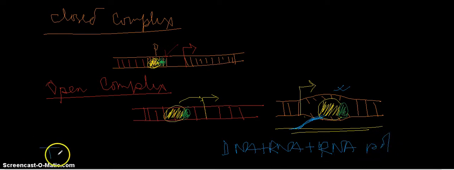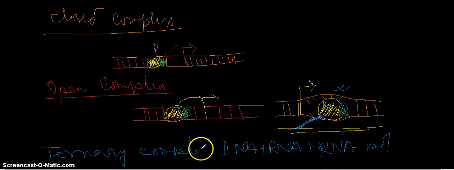This is called the ternary complex. Okay, so as this RNA polymerase moves in this direction, opening the DNA double helix by melting these hydrogen bonds, it will move on.